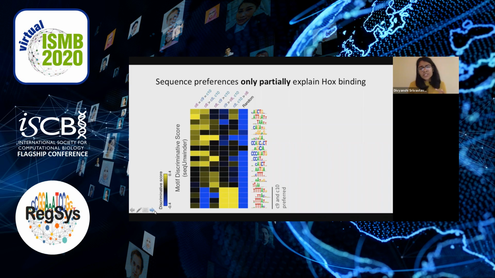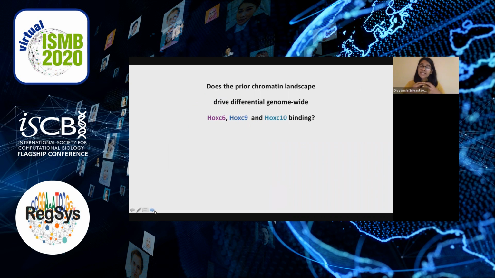So having established that sequences may not be playing that important a role in driving differential C9 and C10 binding, we next asked whether the prior chromatin landscape could be responsible in influencing the genome-wide binding of these three Hox transcription factors.